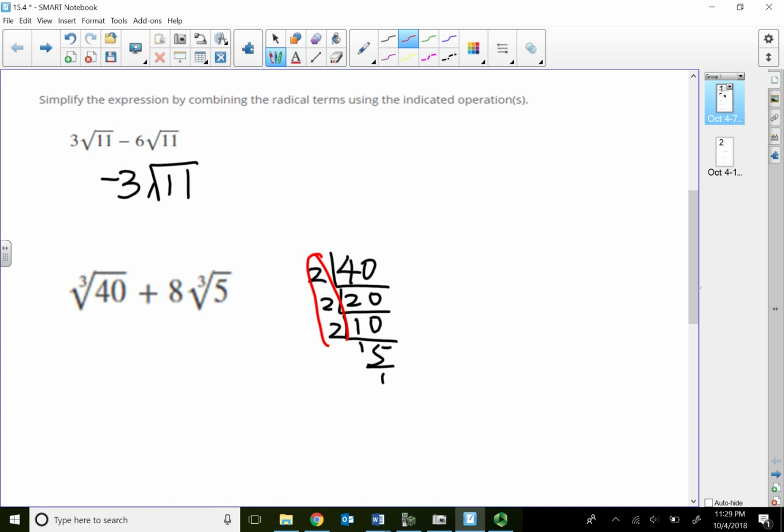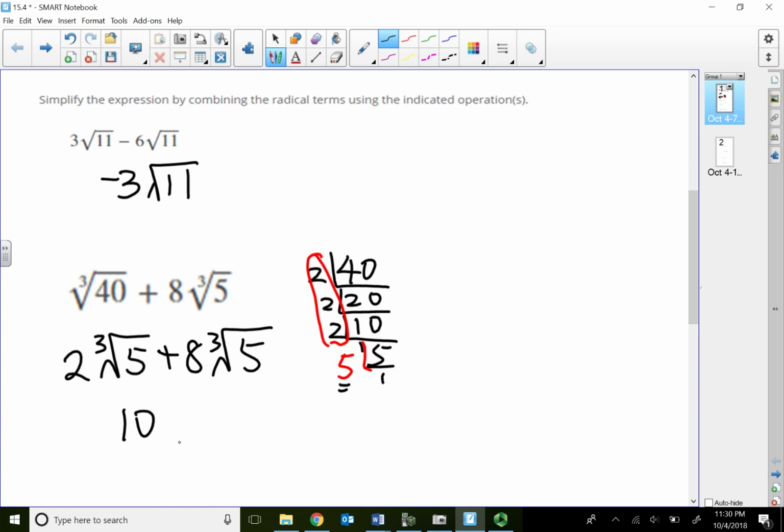These 3 2's will go outside as one 2. This 5 has to stay inside the cube root. So cube root of 40 becomes 2 times cube root of 5. Then we add on another 8 more of those cube root of 5. That should give me 10 of those cube root of 5.